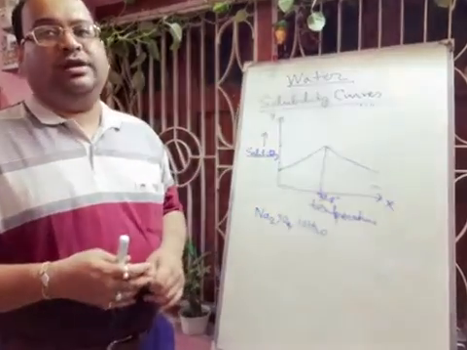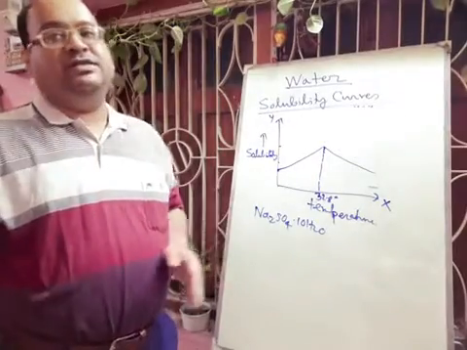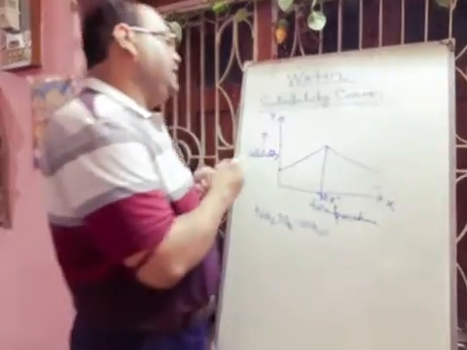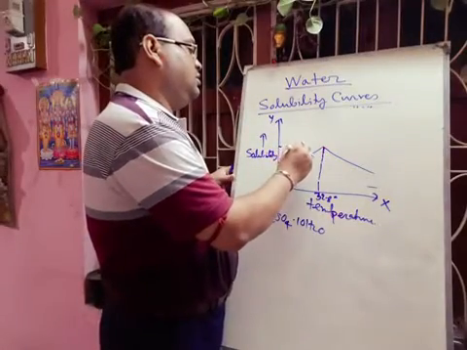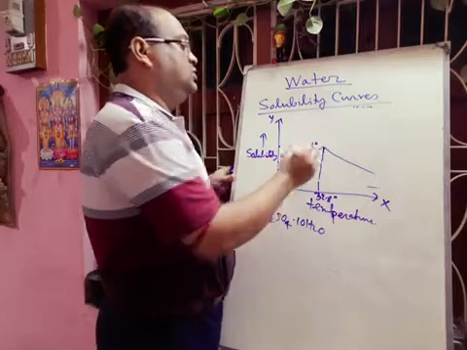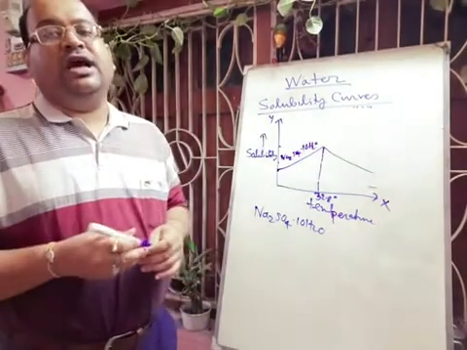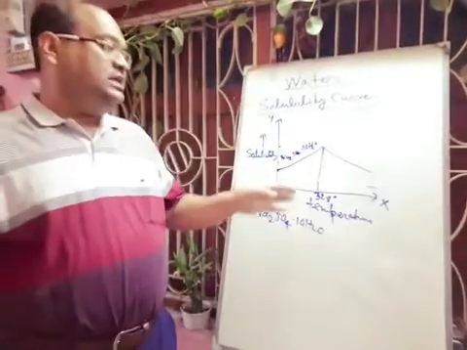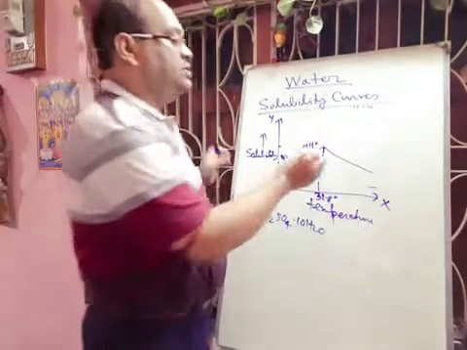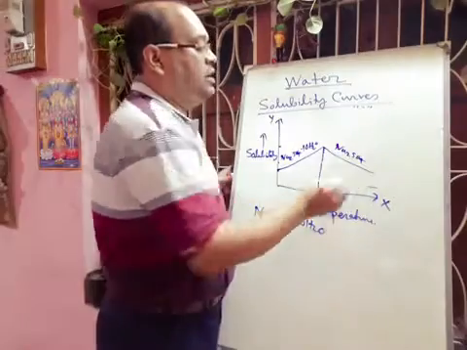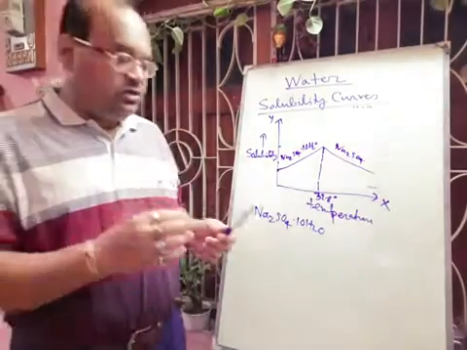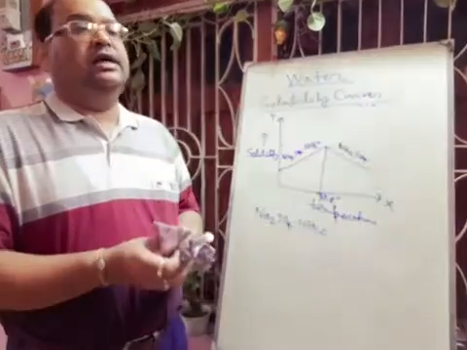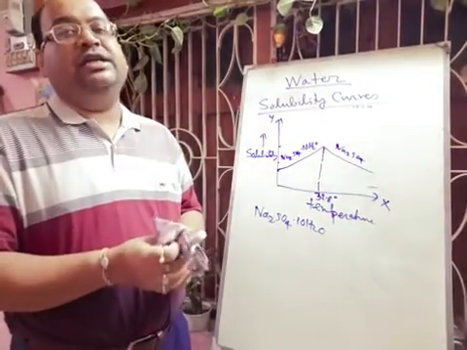This happens because below 32.8 degrees centigrade, its formula is Na2SO4·10H2O, and dissolution of this is endothermic, so that is why it is favorable. After 32.8 degrees centigrade, it will become Na2SO4. Now in this case, the dissolution process is exothermic. That is why the solubility decreases with increasing temperature.